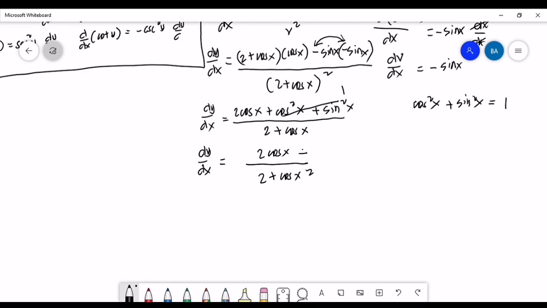So this is plus 1. Overall, since cosine squared x plus sine squared x is equal to 1, our answer would be 2 cosine x plus 1 divided by the square of 2 plus cosine x. So this is our answer.